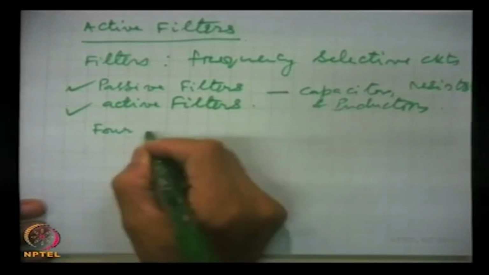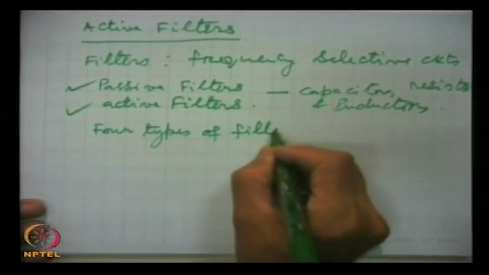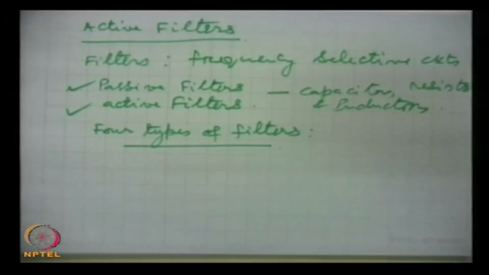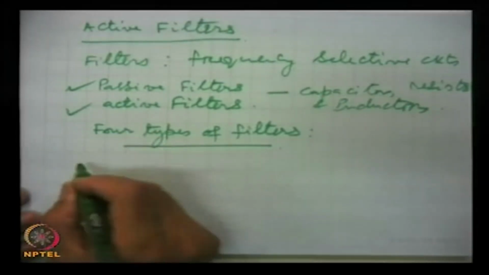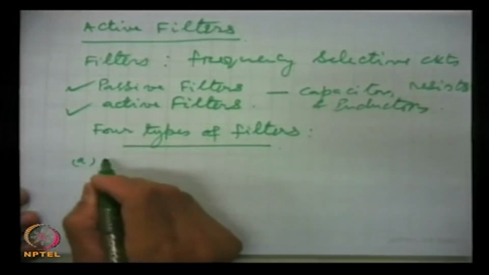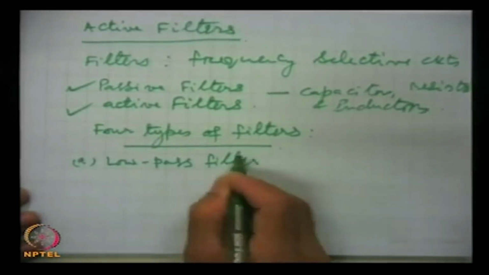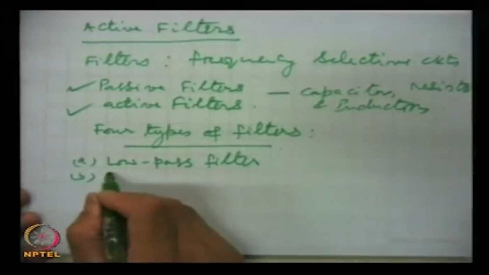Now, there are four types of filters. What are these types? First I name them and then I will elaborate them. One is low pass filter. Then we have high pass filter.